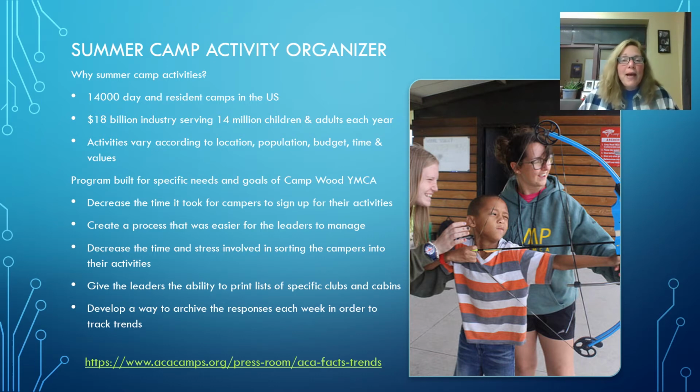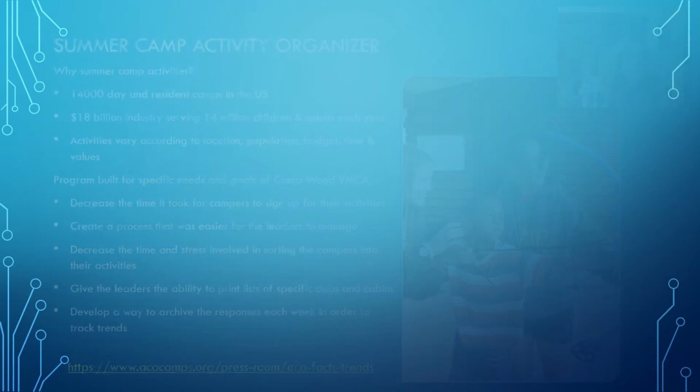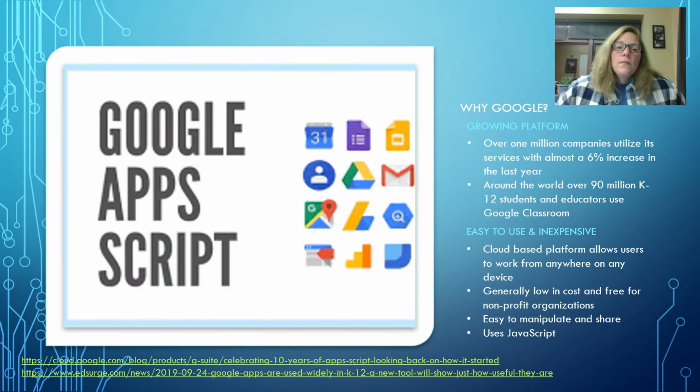They're dated iPads, but they'll still do what we need them to do, which is basically that this program will run on those iPads, and they can pass those iPads around for the kids to sign up for their programs, and then we'll go through the sorting process. So in order to build this program, I chose to use Google Forms and the Apps Script that goes with it, which is basically JavaScript.